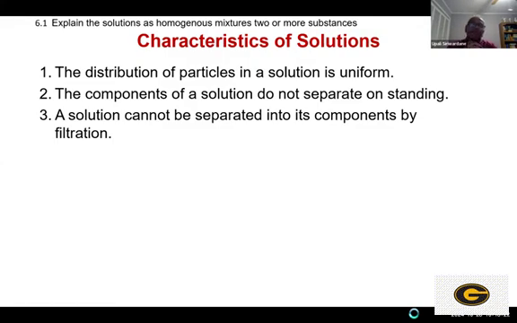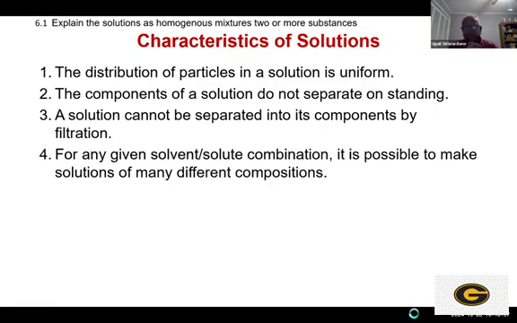Solutions have smaller particle size, like sodium chloride. You cannot filter out sodium chloride from water. So is the milk. Milk, even though it has larger particle size of solute, cannot be separated from its components and water.